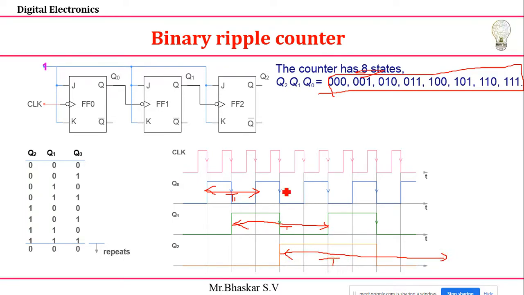Carefully see that if I compare the values of Q0, Q1 and Q2, something happens. What happens? The total time required gradually changes. So T1 means Q0 has the least time. Q1 has more time compared to Q0. Q2 a little bit more. Then you already know how I define frequency.